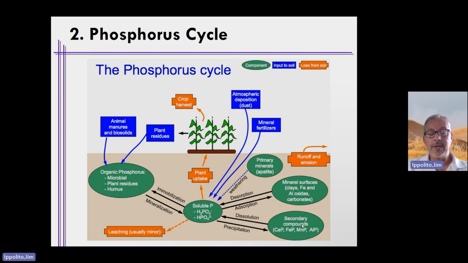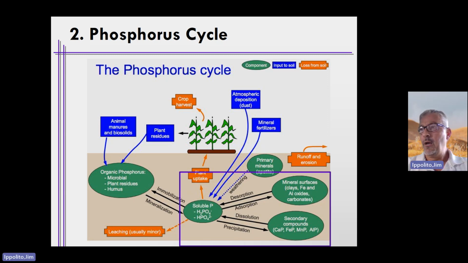So what we're going to do next is we are going to focus some attention first on this portion of the P cycle. Why are we going to focus on these three phases? The soluble phase, the mineral phase, and the secondary phase.